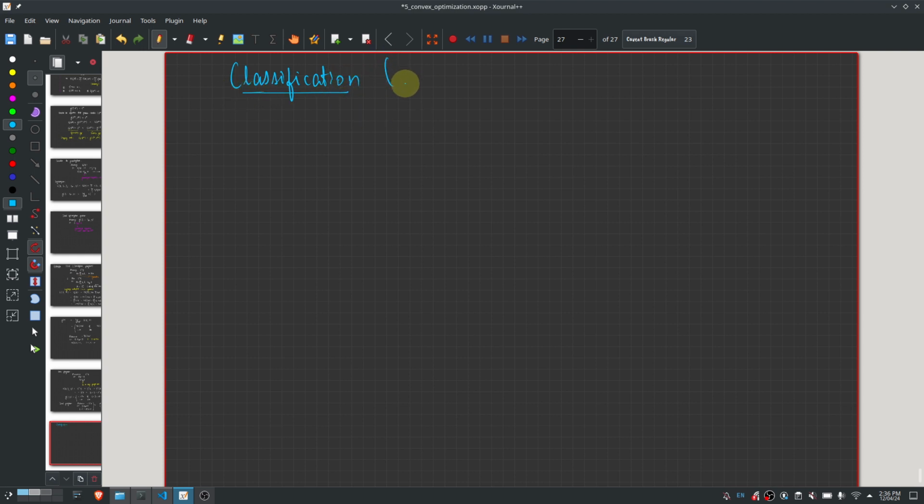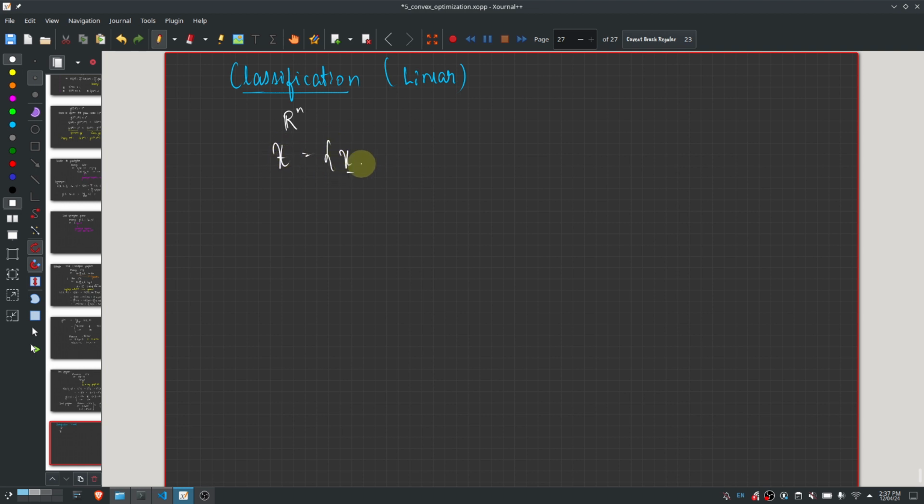In particular, this is a fundamental problem in machine learning, and one way to pose the problem is the following. You're given two sets of points in some space. Let's assume that all the points come from R^n. You're given two sets of points, let's call them x and y.